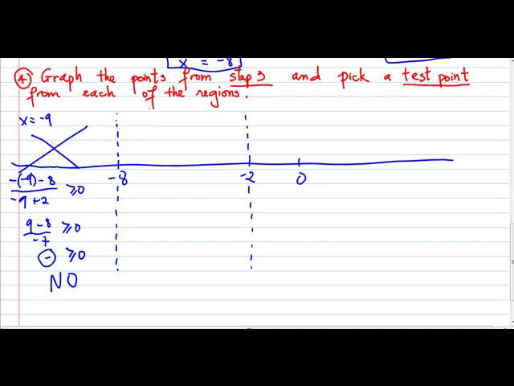Now let's check whether our solution belongs in the interval between minus 8 and minus 2. Let me pick minus 4, because minus 4 is somewhere around here. I have minus 4 minus 8 over minus 4 plus 2.